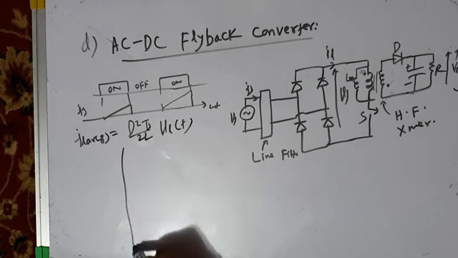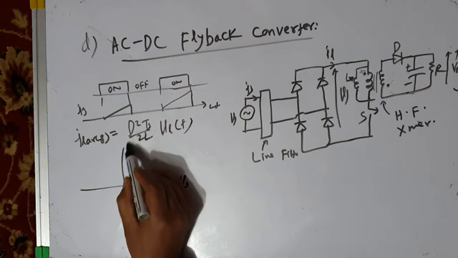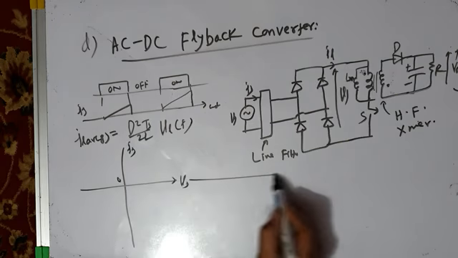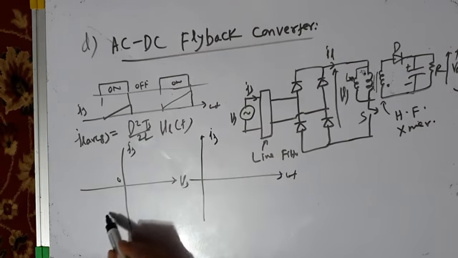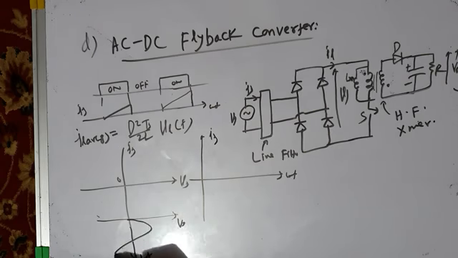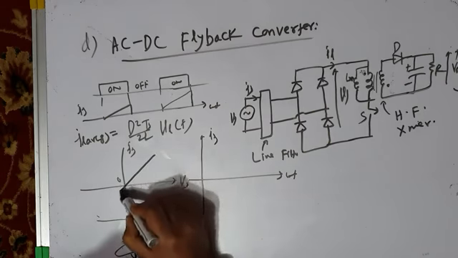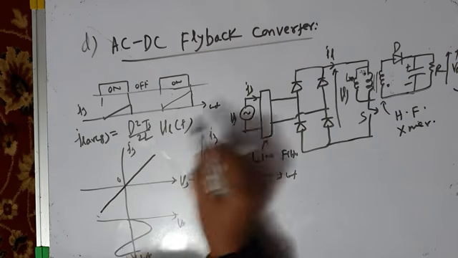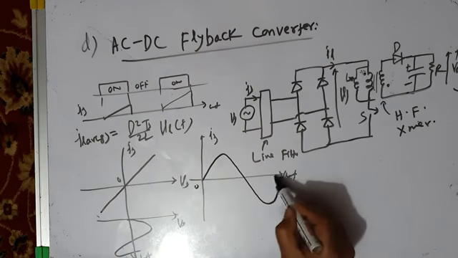And in this, if you see the relationship between source voltage and source current, this is omega T versus source current. And your source voltage, for example, is this, omega T and source voltage, this source voltage is purely sinusoidal. The relationship between source voltage and source current, just like the buck boost converter, is perfectly linear, which gives purely sinusoidal source current.